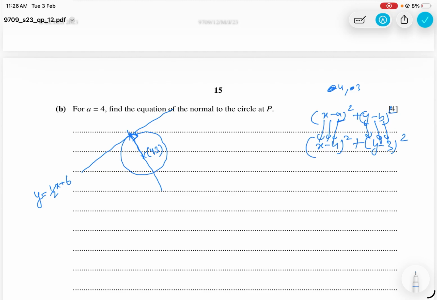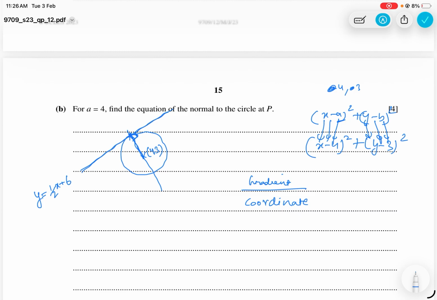Now, what do we need? We want to find the equation of the normal. To find the equation, we need to know two things. The first thing is we need to know the gradient and any one coordinate. How can I find the gradient? I have to find the gradient of this tangent.